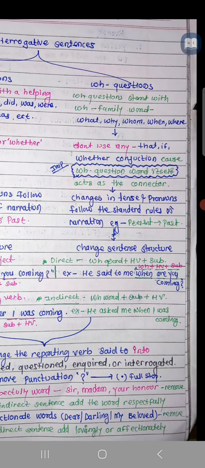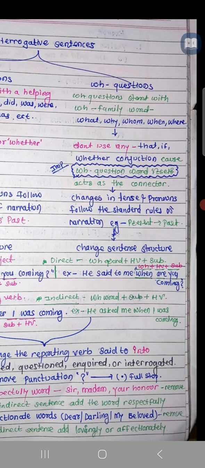That is used to connect the reporting verb and the reported speech in indirect speech. It is the same in interrogative sentences: whenever there are yes-no type questions, "if" and "whether" connect the reporting verb and the reported speech, both sentences, to each other.